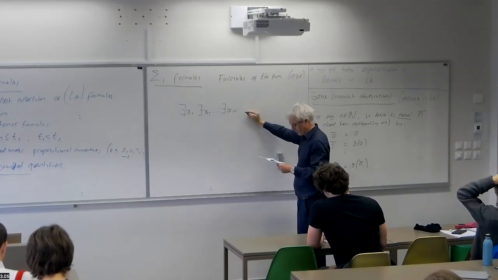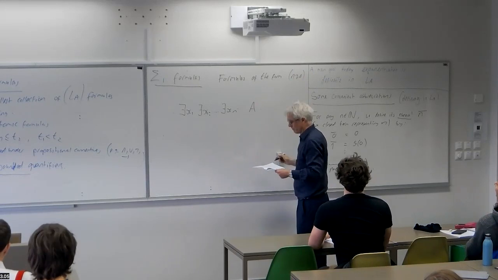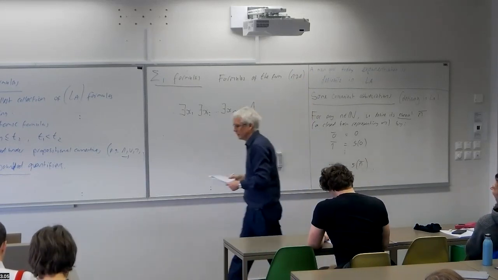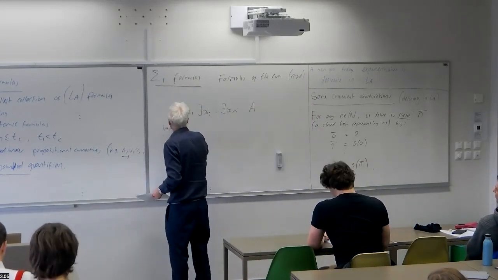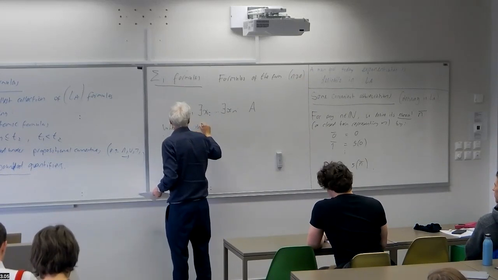So some finite number of existential quantifications followed by a formula A, where A is a delta zero formula.